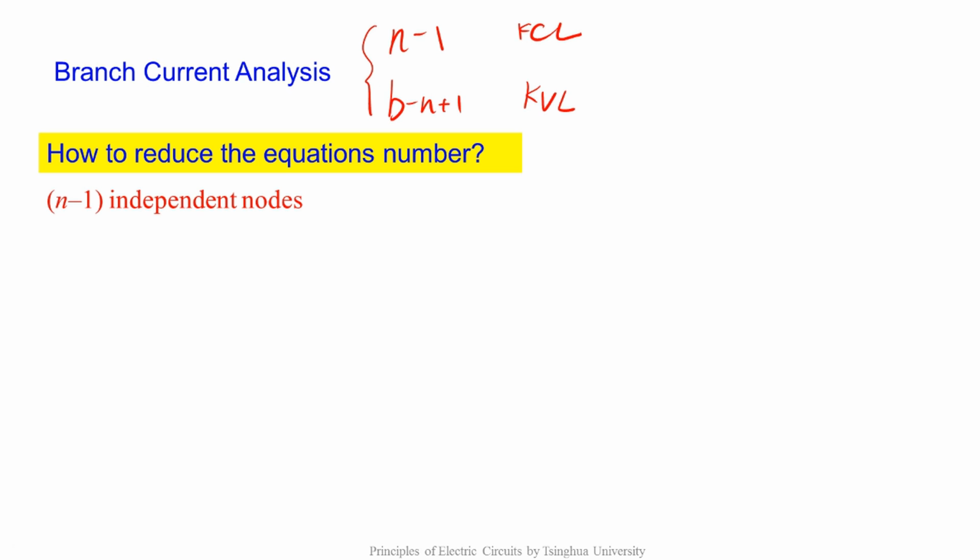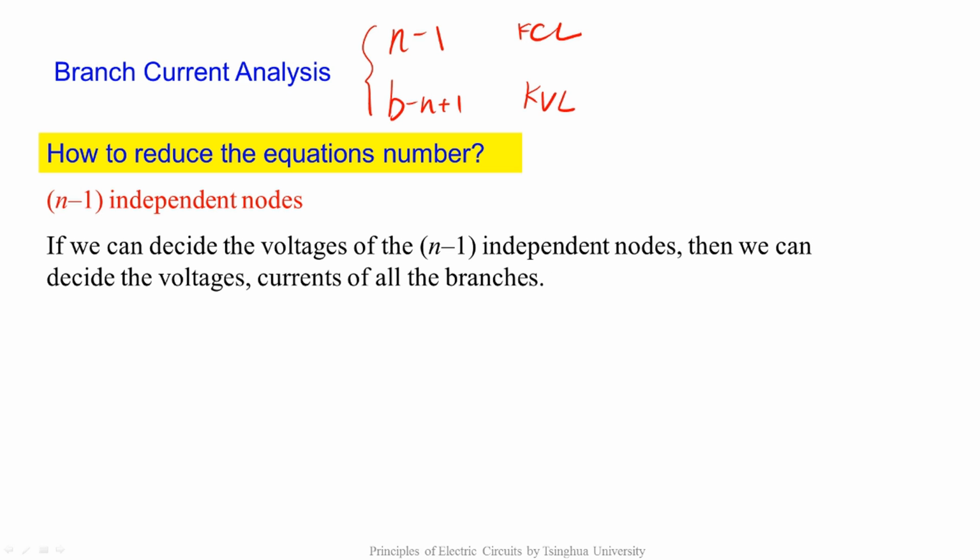We all know that for a circuit consisting of n-1 independent nodes, if we can get the voltages of the n-1 independent nodes, since each branch is connected between two nodes, we can get the branch voltages. Then, according to the element constraints, the branch currents can be found.